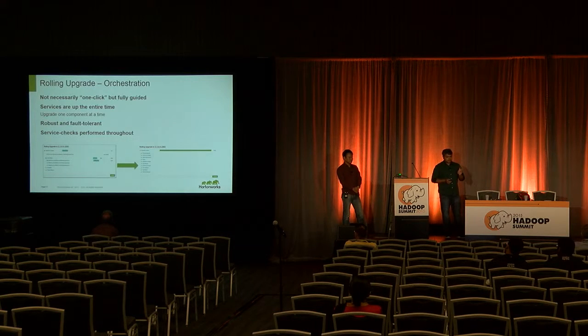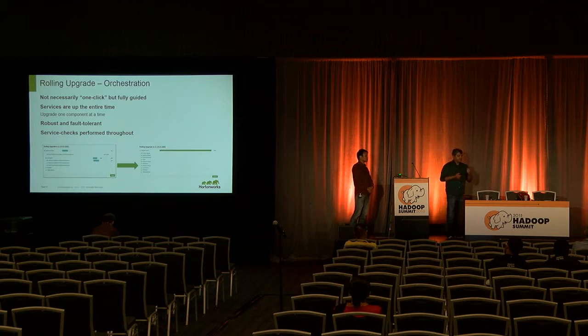The way rolling upgrade is designed is to be as safe as possible. The goal is not necessarily to do a one click and come back after an hour or so and the upgrade is done, because the goal is to make sure that the work doesn't get affected and you don't go through any data loss, etc. So from the design standpoint, what Ambari has done is create an orchestration layer where we code up what upgrade means, because upgrade can mean anywhere from just updating the binary to maybe doing some config transformation.